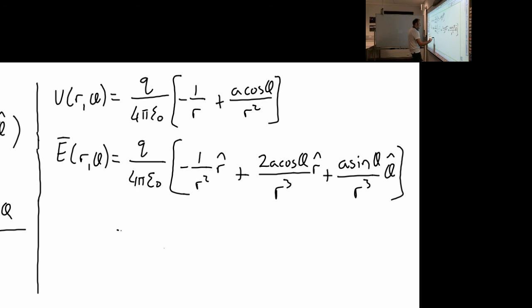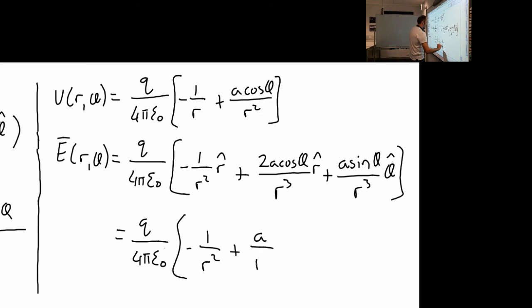Okay, so let me write this out a little bit neater. It'll be equal to q over 4 pi epsilon naught by minus 1 over r squared plus a divided by r cubed into 2 cos theta r hat plus sine theta theta hat.